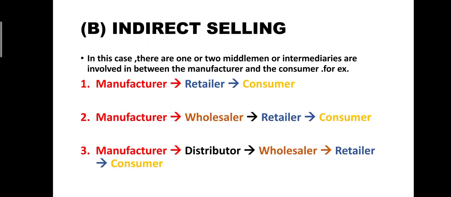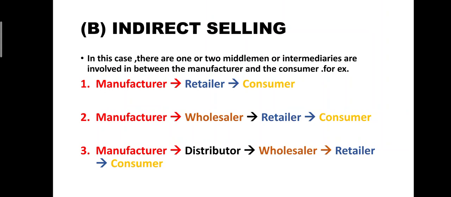Second, indirect selling. In this case, one or two middlemen or intermediaries are involved between the manufacturer and the consumer. For example, first: manufacturer, retailer, and consumer. The manufacturer sells his goods to the retailer, and after that, the retailer sells them to the consumer.